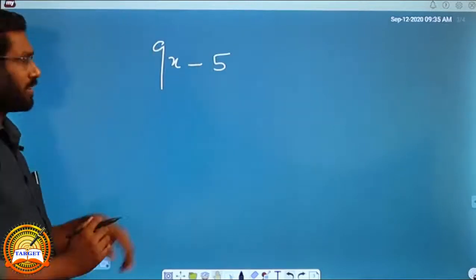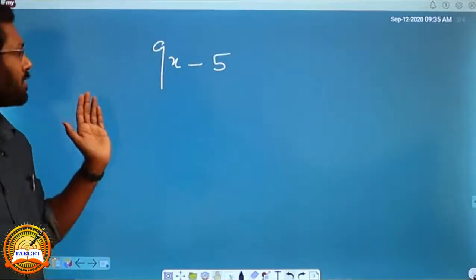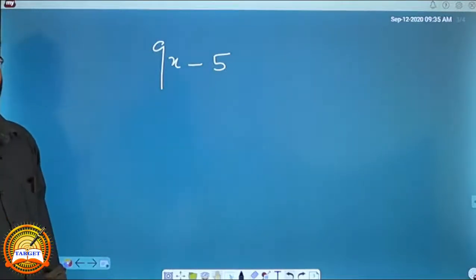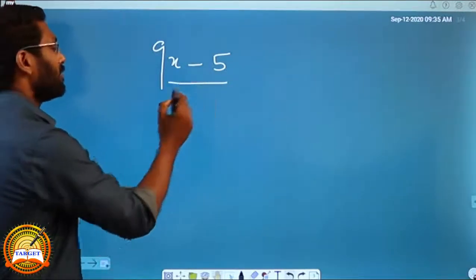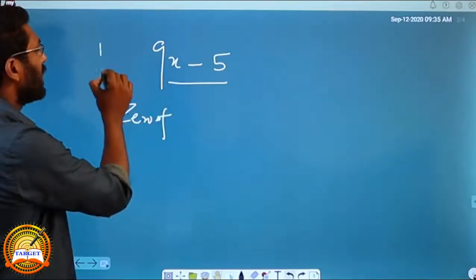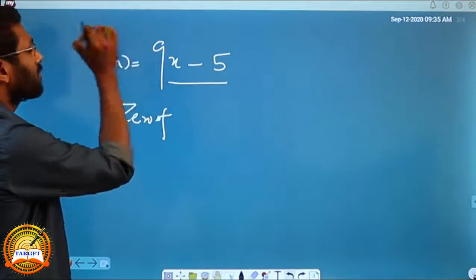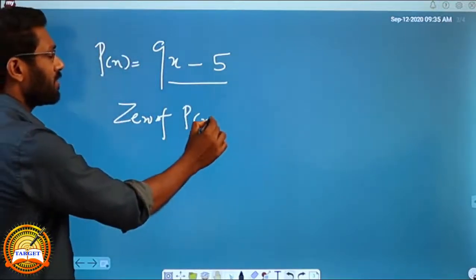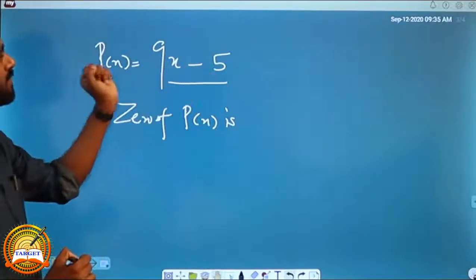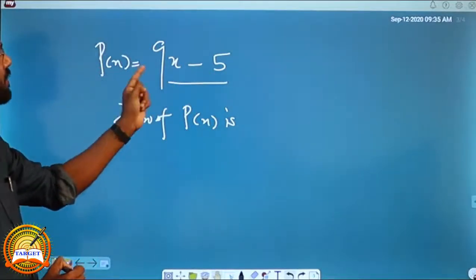It's clearly a linear polynomial. We can find the zero of this linear polynomial. Take it as p of x. The zero of p of x is the negative of the constant term divided by the coefficient of x.